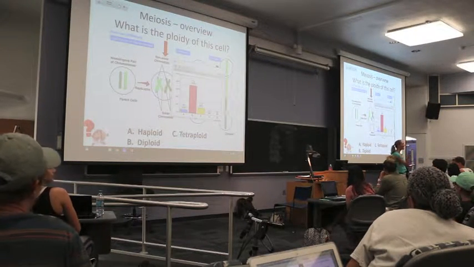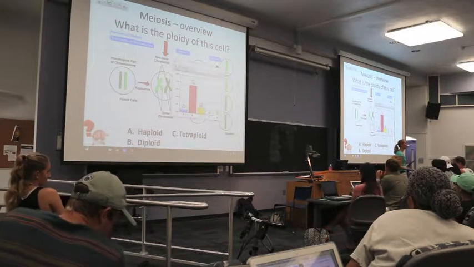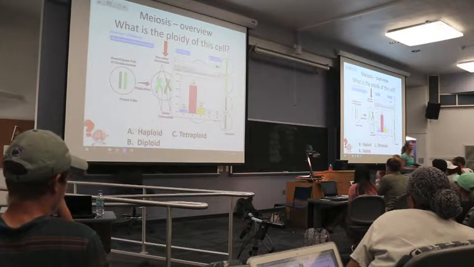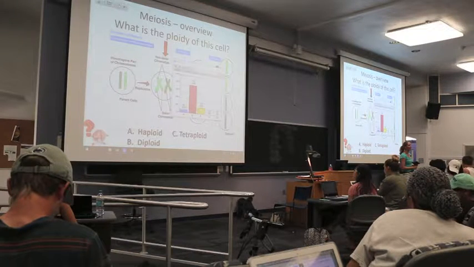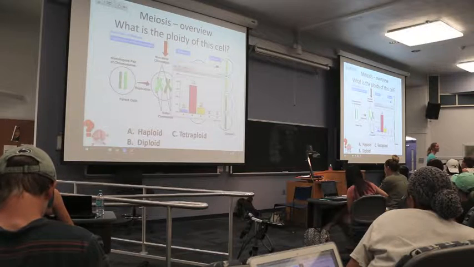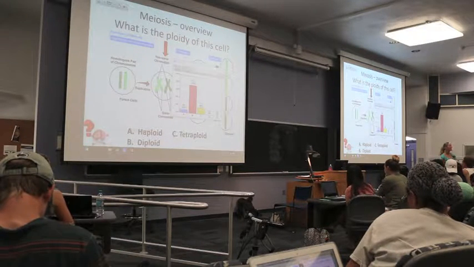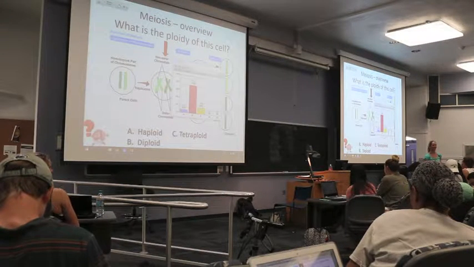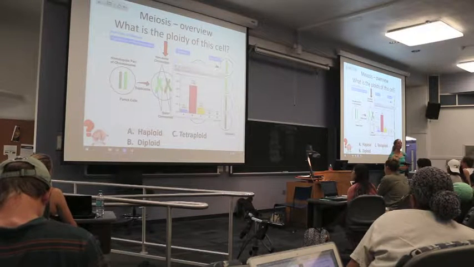Did anybody use anything else to kind of have an idea of whether these were two copies of the same chromosome or two different chromosomes? Right, so they're the same length.